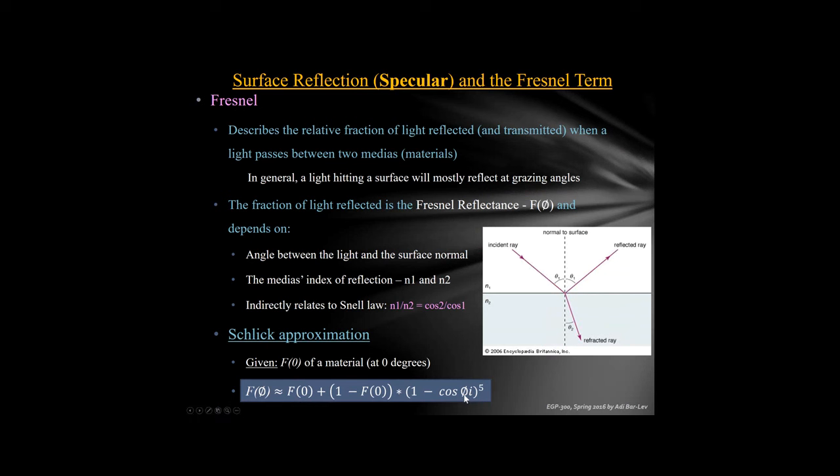I can do some magic using the angle of the incoming light and the angle towards the eye, and I can decide what is the fraction of energy that should go to the reflected part. In other words, I can tell you how much of the energy will be towards the specular lobe. And this is a very important formula, by the way, the Schlick formula, because it's a really fast approximation of a very complex Fresnel formula.